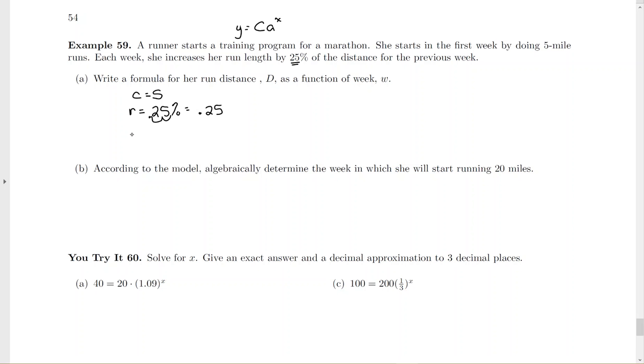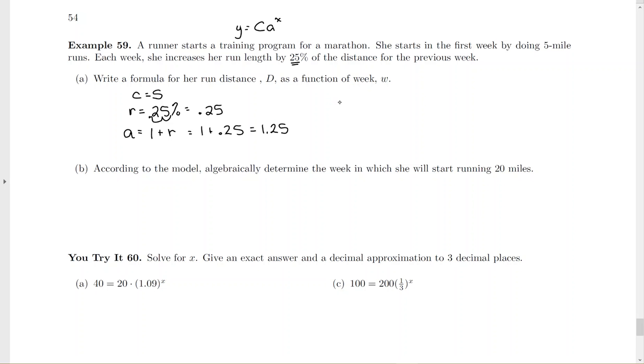And remember, the relationship between a and r, when it's increasing, is 1 plus r. If it were decreasing by 25%, then it would be 1 minus r, and she's not doing very well in her racing here. So for ours, we add 1 to the 0.25 and get 1.25. Remember, that number's got to be bigger than 1 if you're an increasing function.